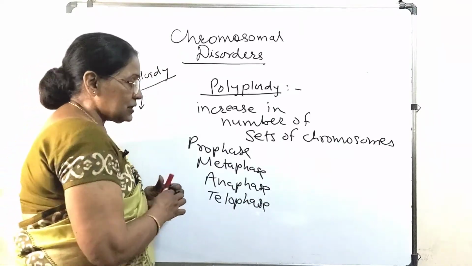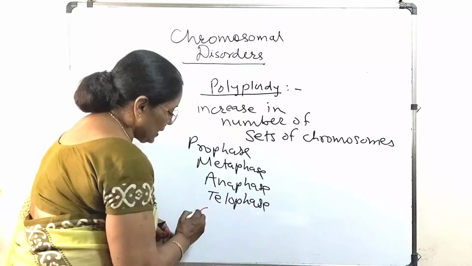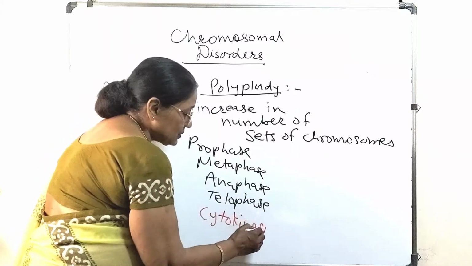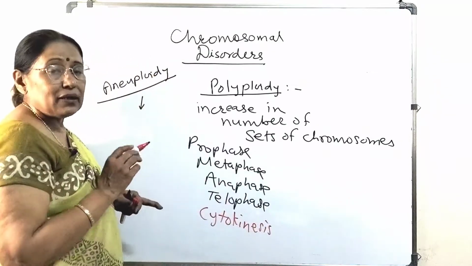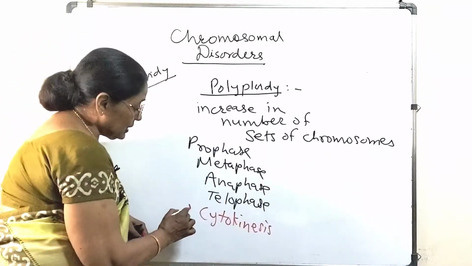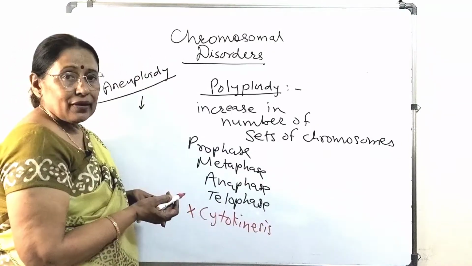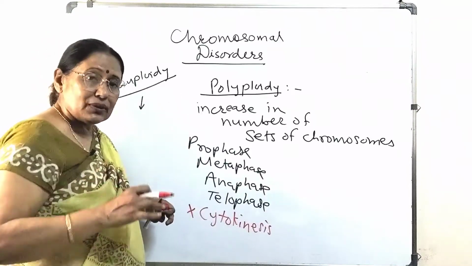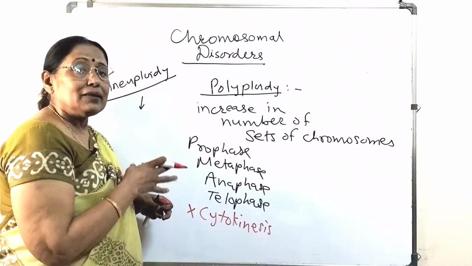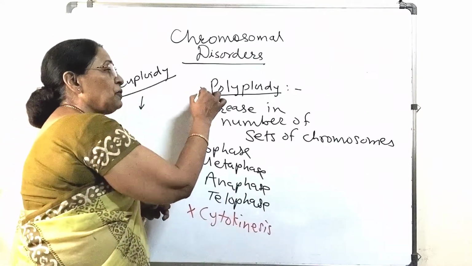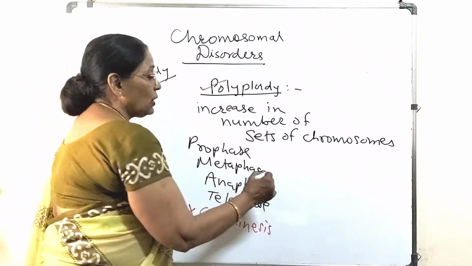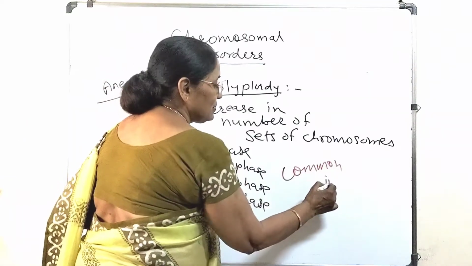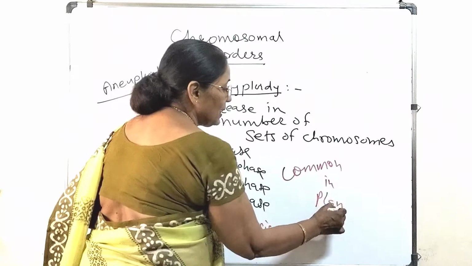That means the next step is cytokinesis. Cytokinesis is something important now. It should have divided, but now the cell division point is missed. So the number of chromosomes which were meant for 2 cells is now present in only one cell. That is polyploidy. This polyploidy is very common in plants.